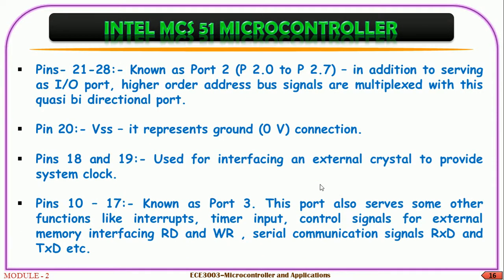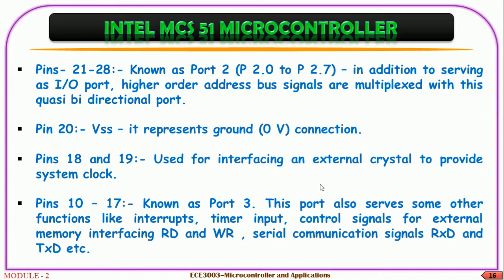Pins 21 to 28 are known as port 2, that is P2.0 to P2.7. In addition to serving as an IO port, higher order address bus signals are multiplexed with this quasi-bidirectional port. Pin number 20, that is VSS, represents the ground, that is 0 V connected to this point.